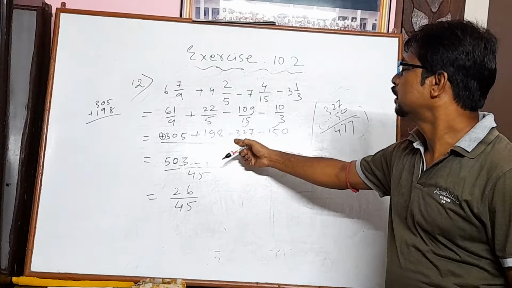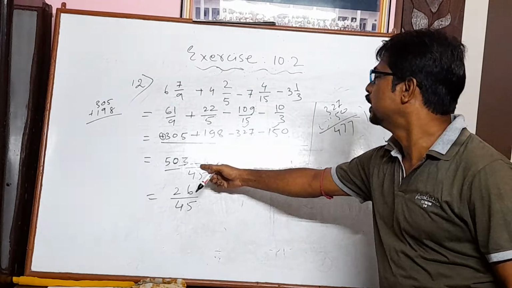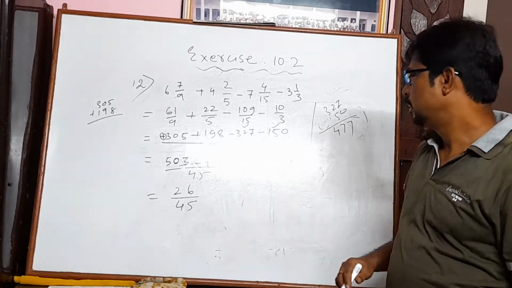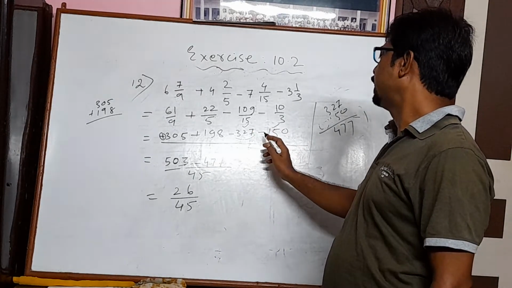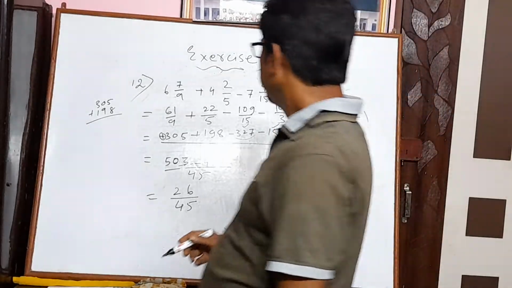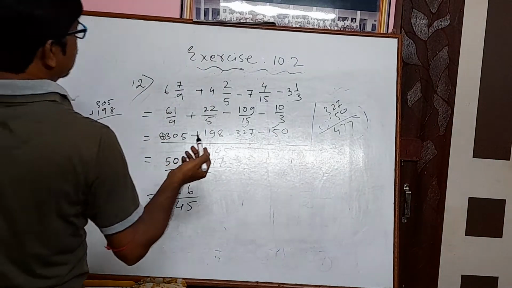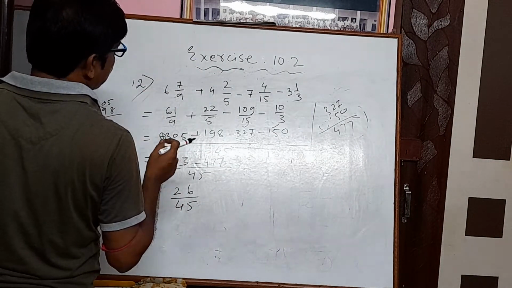This one is bigger. So before this number, which sign is there? Minus. So I have written minus. So with same sign addition, when we do the subtraction, we have to write the subtraction sign.